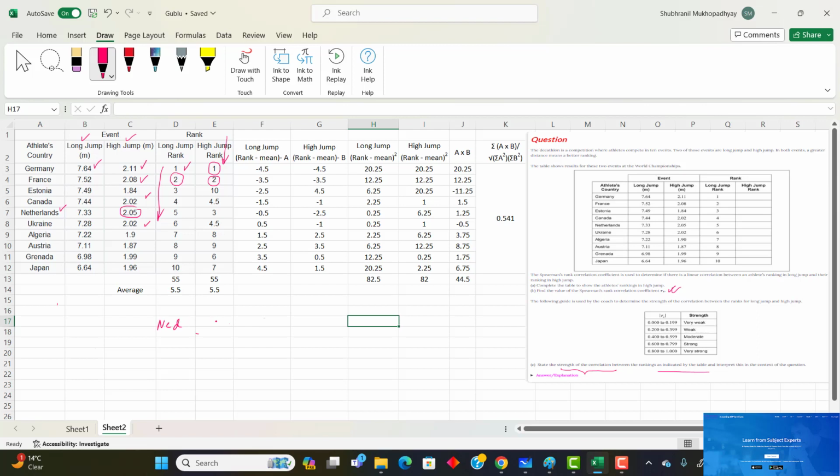And then there are two more countries in the rank list, and then there will be the country with the next best performance, which would be Grenada with a rank of 6, having a performance of 1.99. So at the third position will be Netherlands, and in the sixth position will be Grenada. And somewhere between these two ranks, there will be Canada and Ukraine.